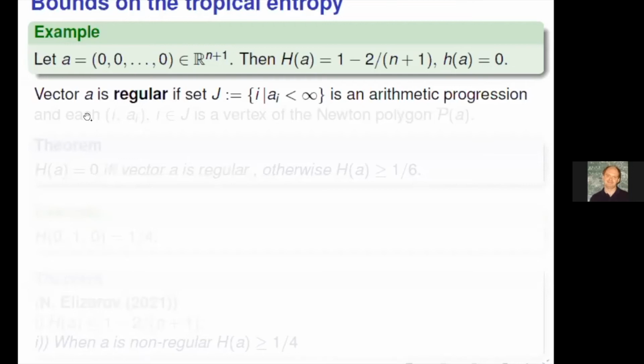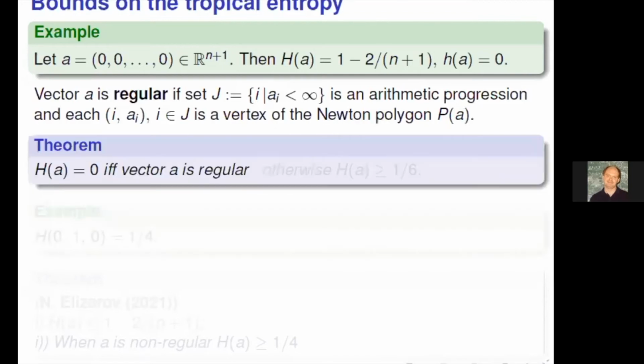Now we say that the vector A is regular if the set of all indices with the finite coordinates forms an arithmetic progression. And moreover, I remind you that the points on the plane form the Newton graph, but now we require that they form the vertices of the Newton polygon. So all the points are vertices. Then we call the vector regular.